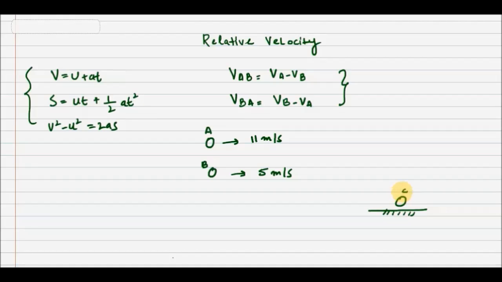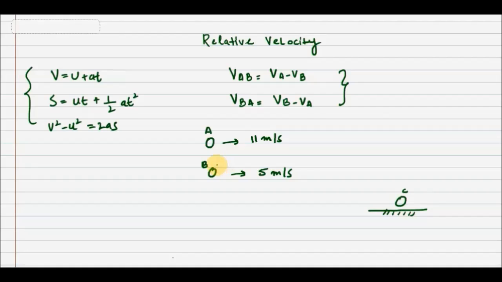For observer C, the velocity of person A is simply 11 meters per second, and the velocity of person B will be simply 5 meters per second.